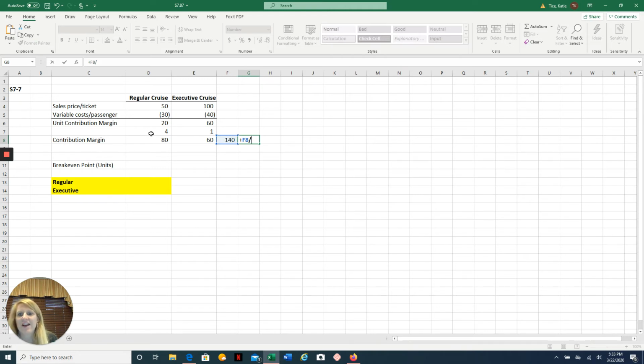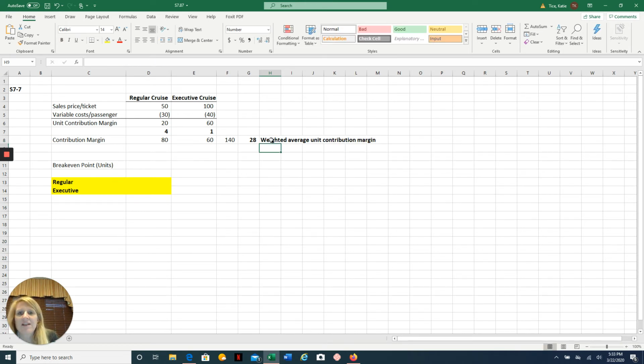So the weighted average is the 140 divided by the 5 cruises that we have in our basket of goods. So again, keep in mind that it's the 140 divided by the 5 total cruises, and that 28 is called the weighted average unit contribution margin.